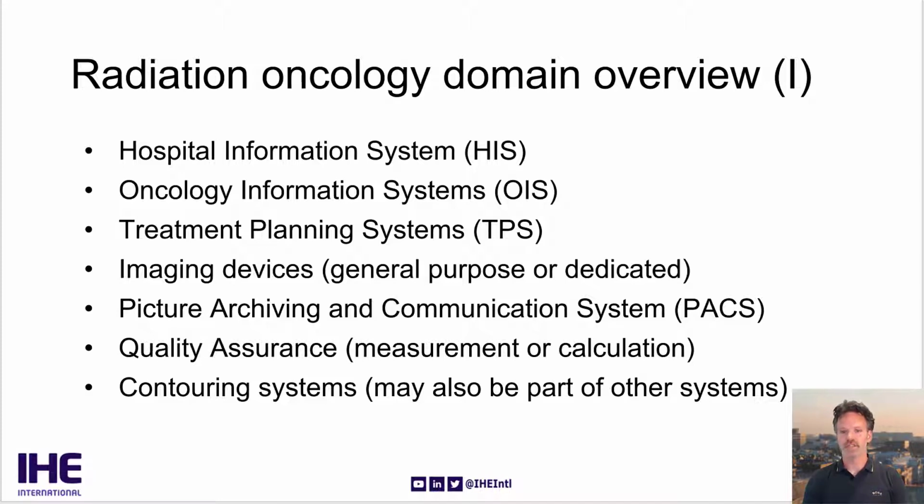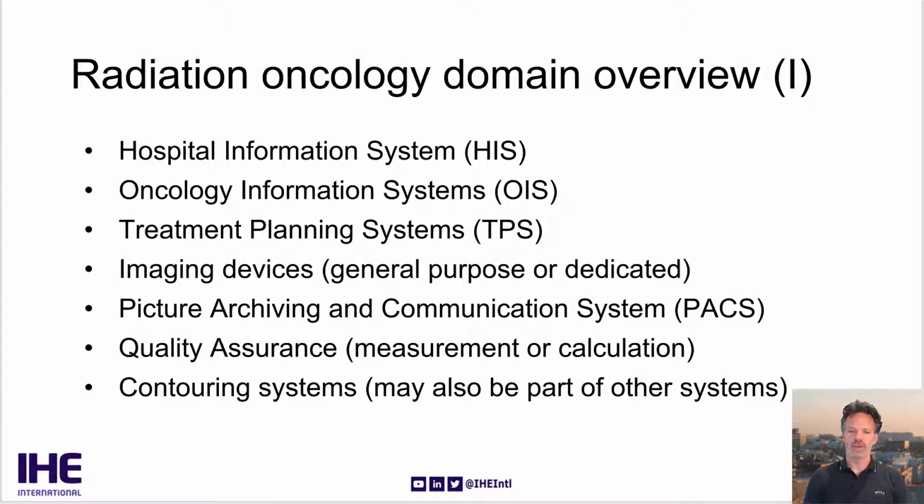There's imaging devices like general CT and PET and MR, and there's also dedicated imaging devices for radiation oncology. Same technologies, but specifically inside the radiation oncology department. And there's the PACS, Picture Archiving and Communication System. That's for storing images in general and also other information.